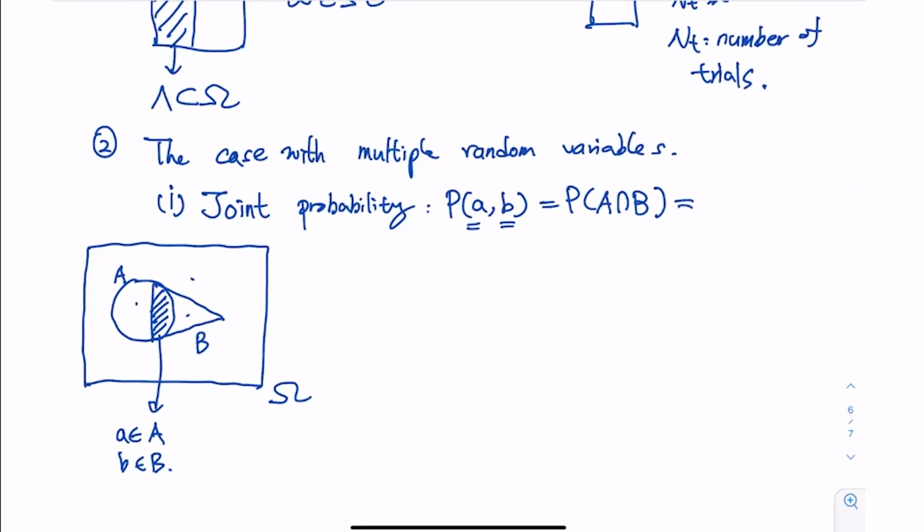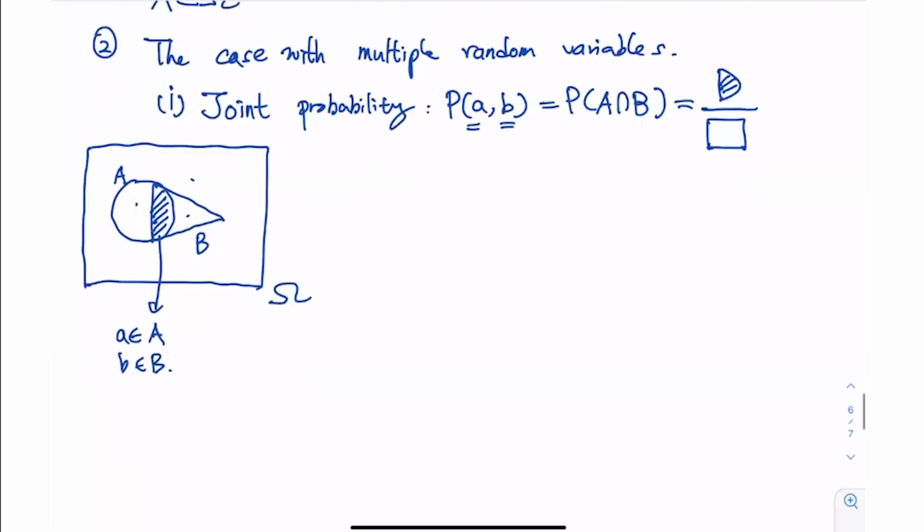So if I try to write it in this way, then the joint probability P(A,B) is just the ratio of this thing with omega. So that's like the first idea, the joint probability.